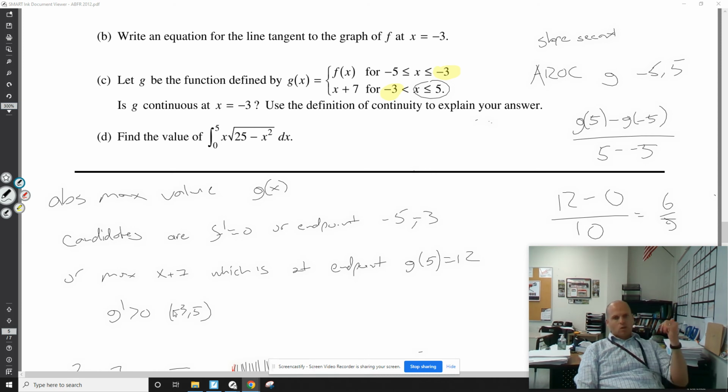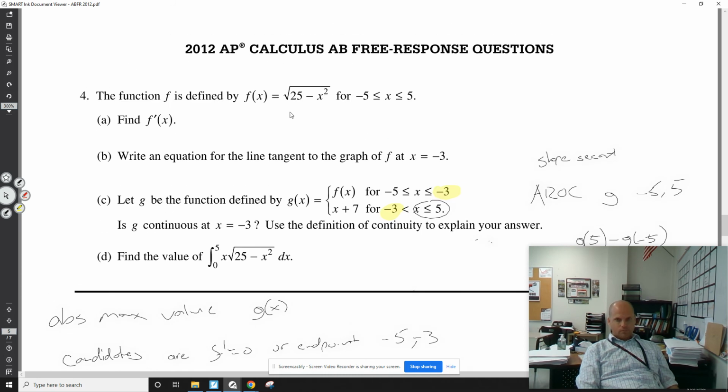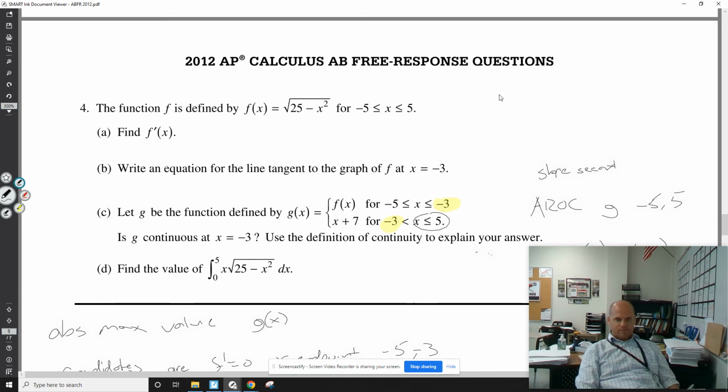Okay. So really what I have to do is actually look at f and look at its maxes and mins from -5 to -3. And I went back to -3 instead of 0. Now, we already found f prime. This is a weird question.